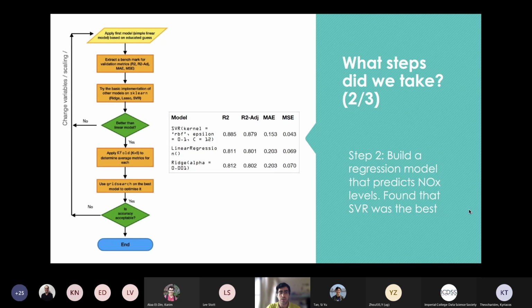From this, we found that SVR was the best model, and this made sense with our assumptions as well, because one of the attributes that we were using was RAD, which is actually an ordinal index, and therefore represents an abstract form of distance, and therefore is more like a categorical variable than an actual continuous one, which is why SVR had a much higher accuracy.